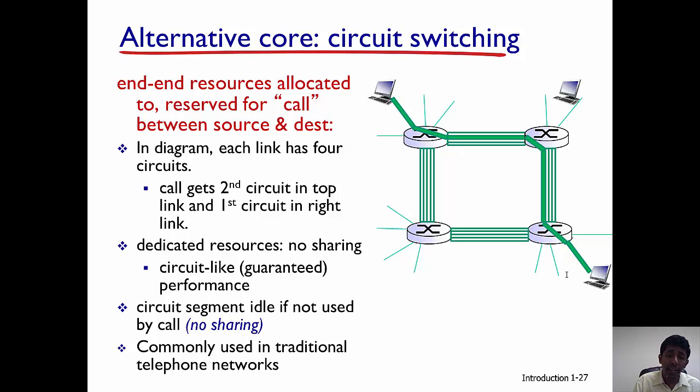What happens is the entire resource, and in this case the resource is basically the bandwidth that is needed to transmit your call from your phone to the phone that you're calling, is first reserved, and then you're allowed to communicate with the other person. So it is used in telephone networks, and it is not prevalent in the internet. The internet is usually packet switching that takes place.